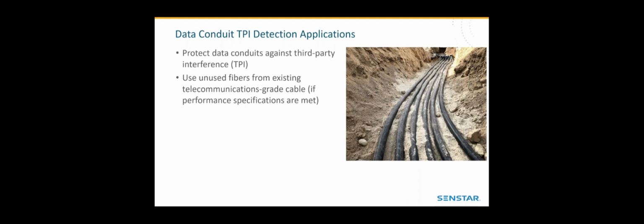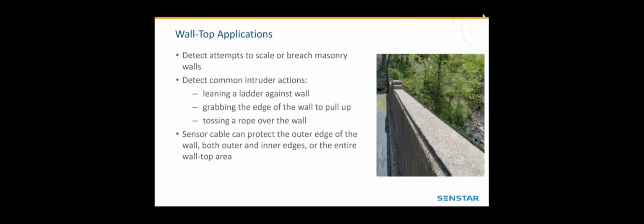Okay, and with the wall top application, in your picture, it showed two cables, one on the front side, one on the back side. Is that needed? Excellent question. Really, one is essential, obviously. The two gives you better probability of detection. Essentially, with this wall top application, we're going to detect when somebody hits that cable, with a ladder, with a rope, with a body part, whatever.